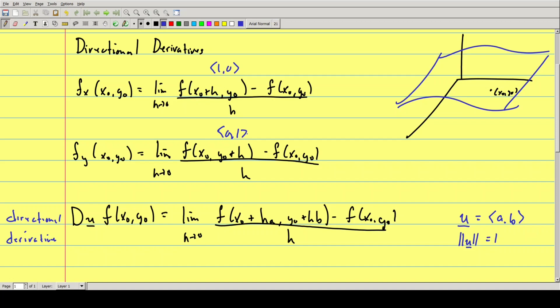Those are both unit vectors. So these are just special cases of the general formula for directional derivative. Because I get A is 0, or sorry, B is 0 in the first one, A is 0 in the second one, and then otherwise the formulas match up.